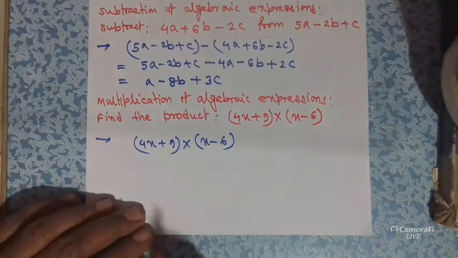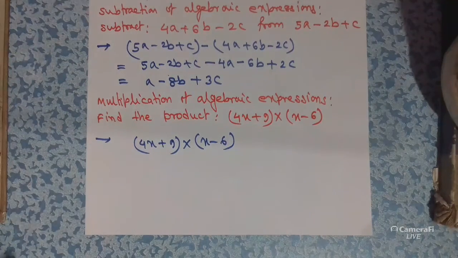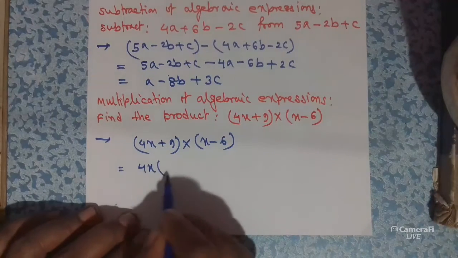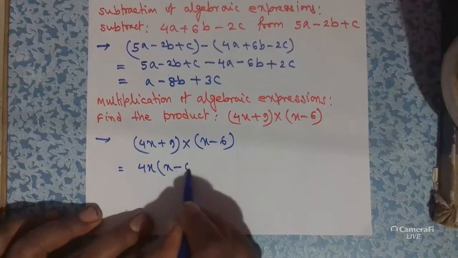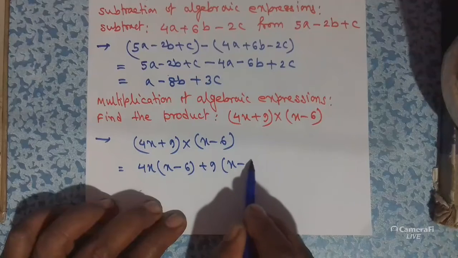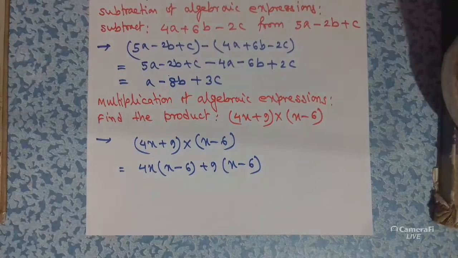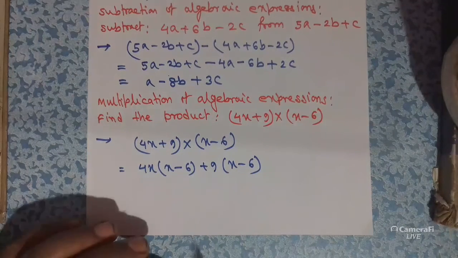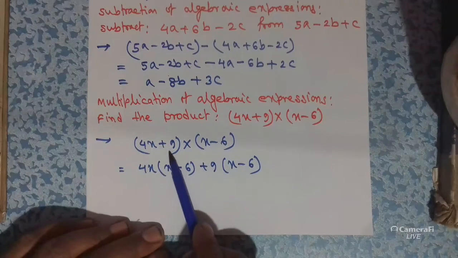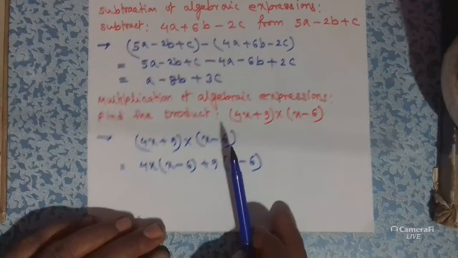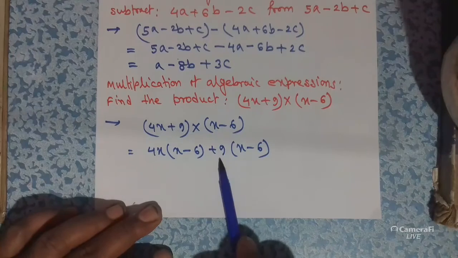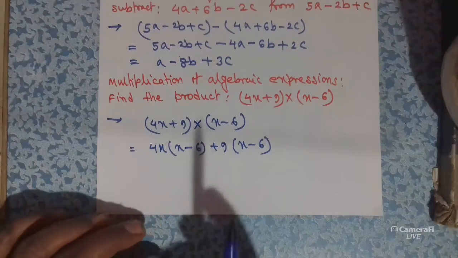That means 4x multiplied by x minus 6, and plus 9 multiplied by x minus 6. I repeat it again: at first we multiply 4x with x minus 6 and then plus 9 with x minus 6. That is why I have written 4x multiplied by x minus 6 plus 9 multiplied by x minus 6.